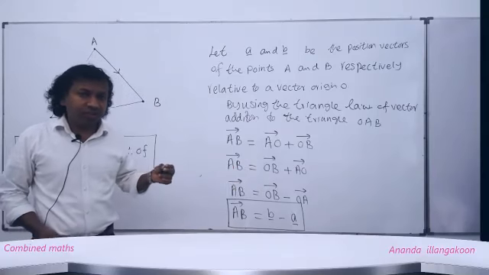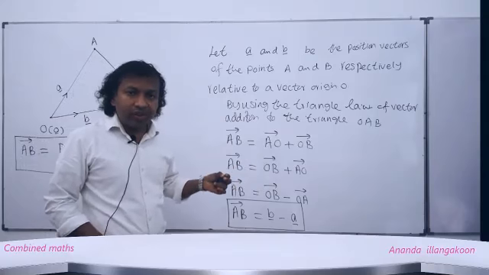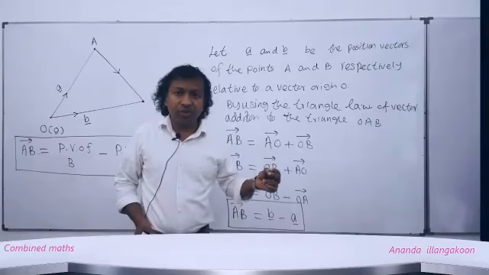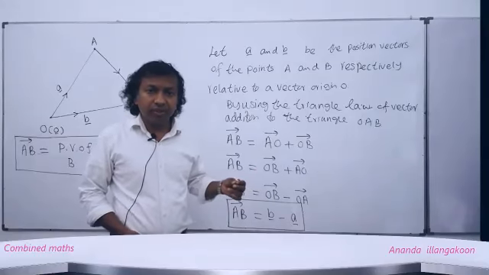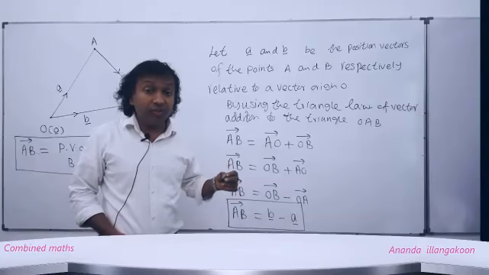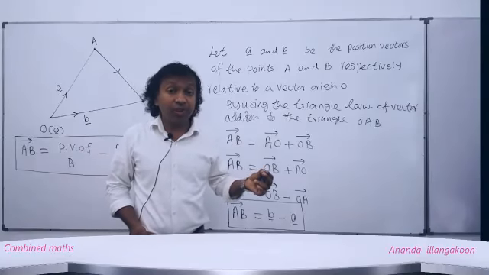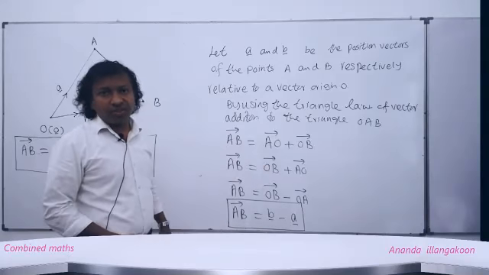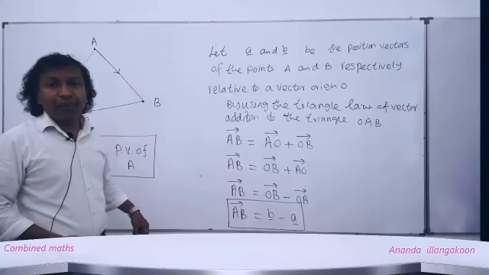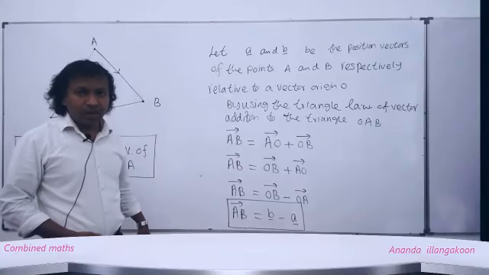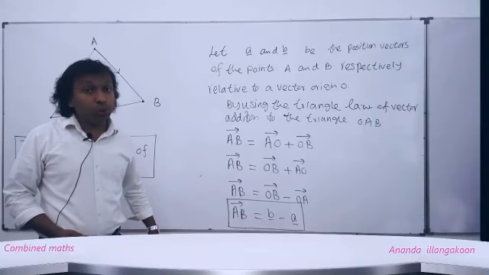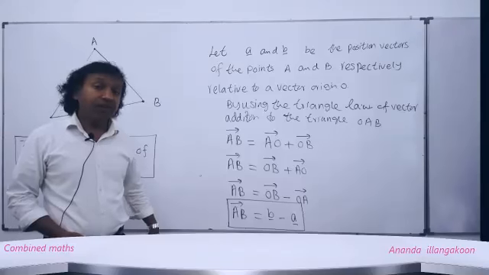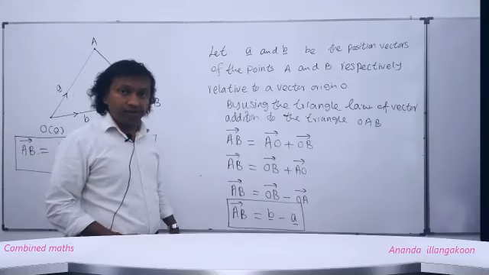When we add two vectors, not only the magnitudes, but the signs also we have to consider. The direction also we have to consider. But in the addition of two scalars, 2 plus 3 and 3 plus 2, we only consider the sizes. The directions we don't consider with scalars, because scalars have no directions. So it is worth checking whether that same way we can apply for vectors as well.